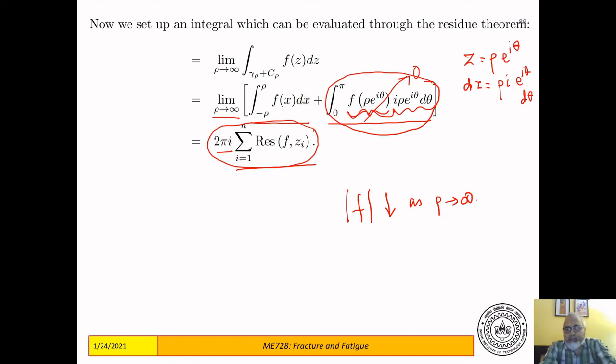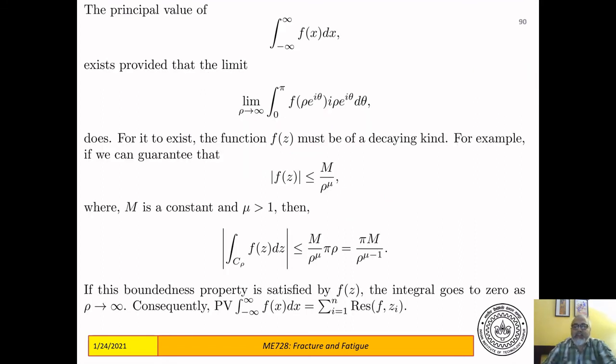We can't do this for every function, but for functions whose modulus is of this form, for example, where mu is greater than 1, the function is of a decaying type, and this integrand will go to 0 as rho tends to infinity.